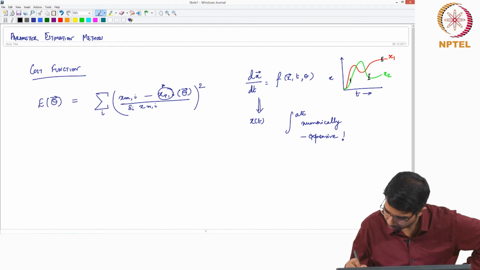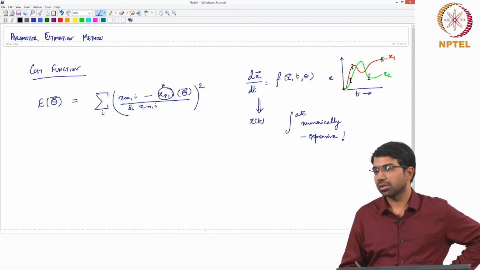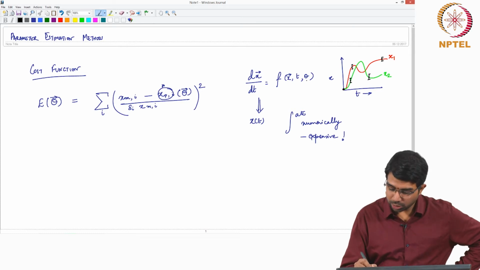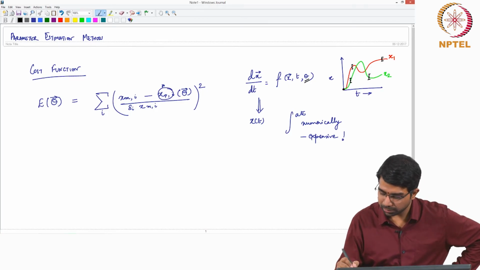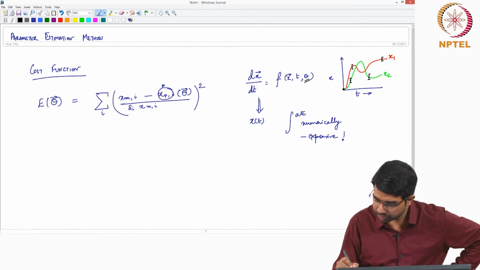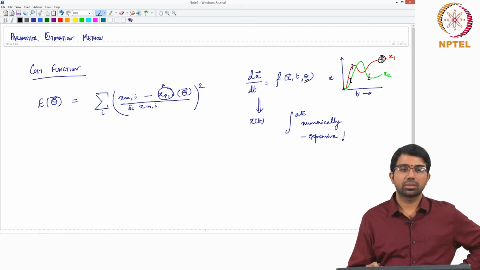Let us say you know the initial condition as well, but you need to basically integrate this. You will guess a theta and integrate. So for any given theta, you perform an integration and then you compute the prediction.